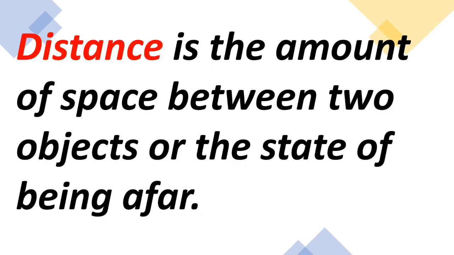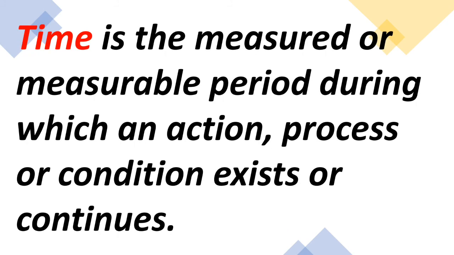Distance is the amount of space between two objects or the state of being afar. And the last one is time. So time is the measured or measurable period during which an action, process, or condition exists or continues.